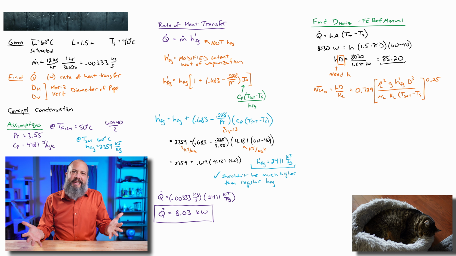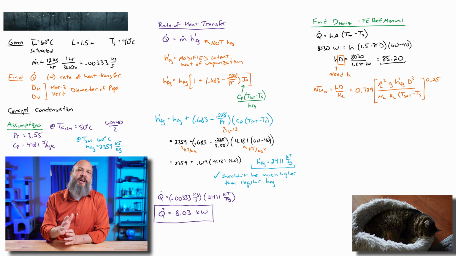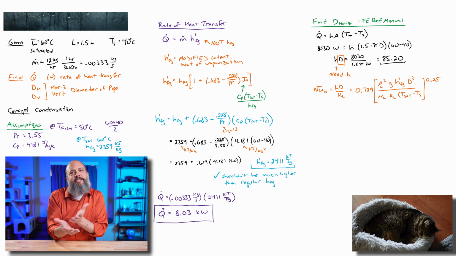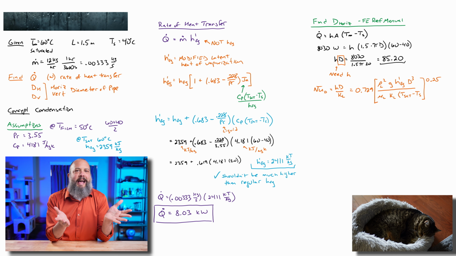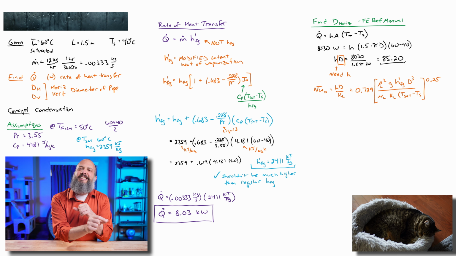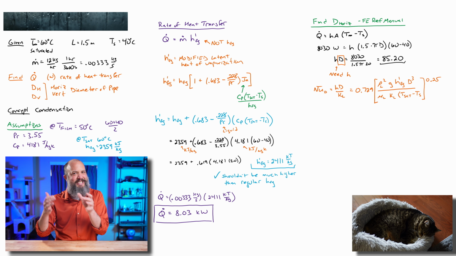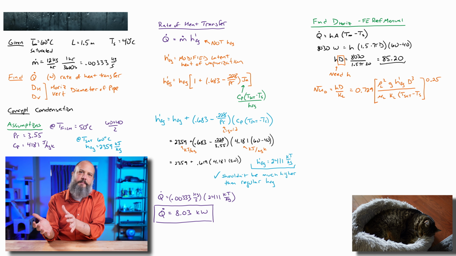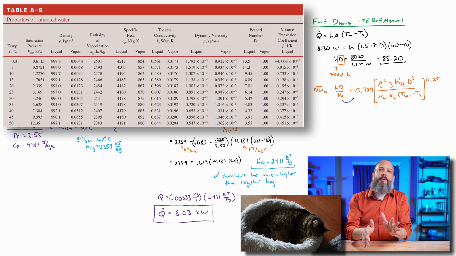So as a student, just make sure that you actually note where you got your equation from and check the assumptions to make sure it's valid. But if you're solving this in industry, you might want to actually look at different versions of the equation and really look at which experiments these curve fits are based on to find out which one is actually most similar to your use case. All right, so let's look up some numbers here.